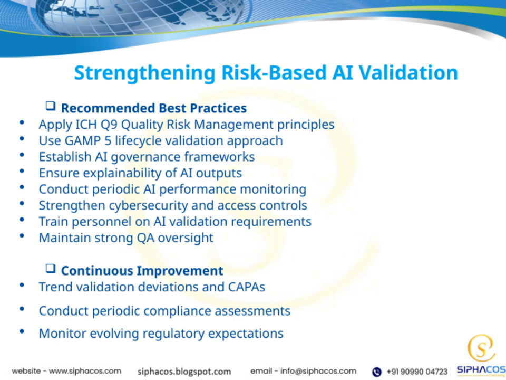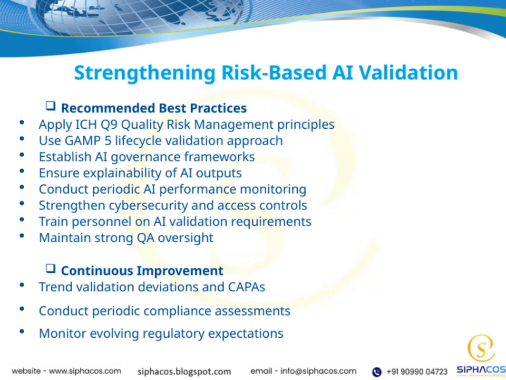Strengthening cybersecurity and access controls is fundamental to protect AI systems from malicious threats or unauthorized access. Training personnel on AI validation requirements ensures everyone involved understands their roles and responsibilities, fostering a culture of quality. And finally, maintaining strong QA oversight guarantees continuous compliance and quality throughout the AI lifecycle.